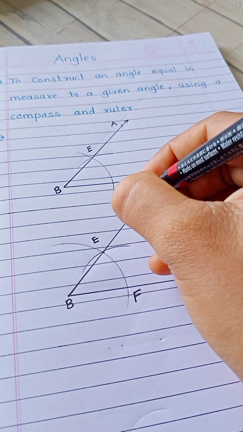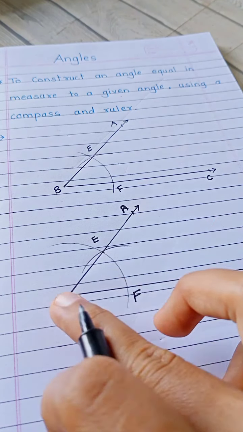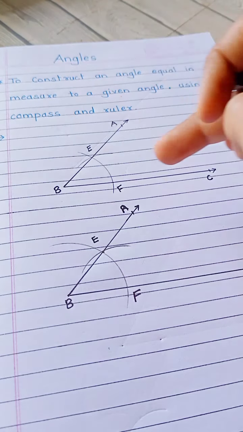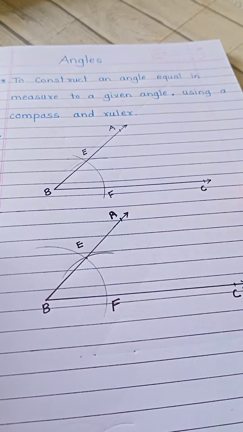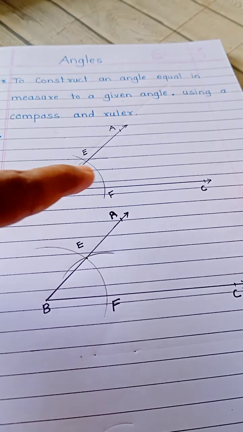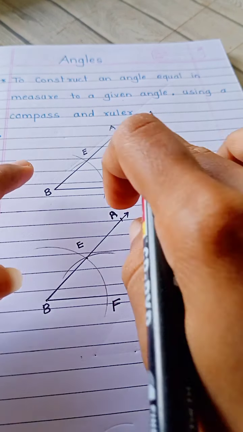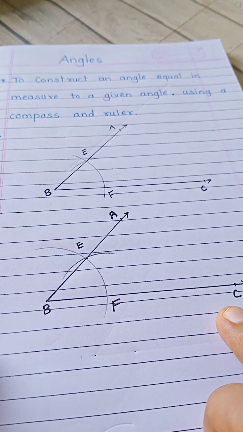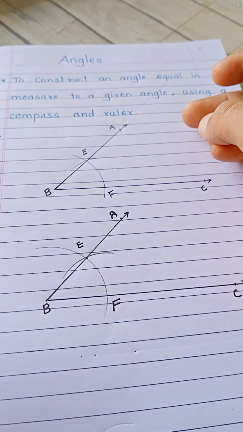This is angle ABC. So the complete angle ABC as given in the first diagram we have drawn. This is the first angle ABC, and angle ABC as it is we have drawn. In this way we can construct an angle in equal measure to the given angle.